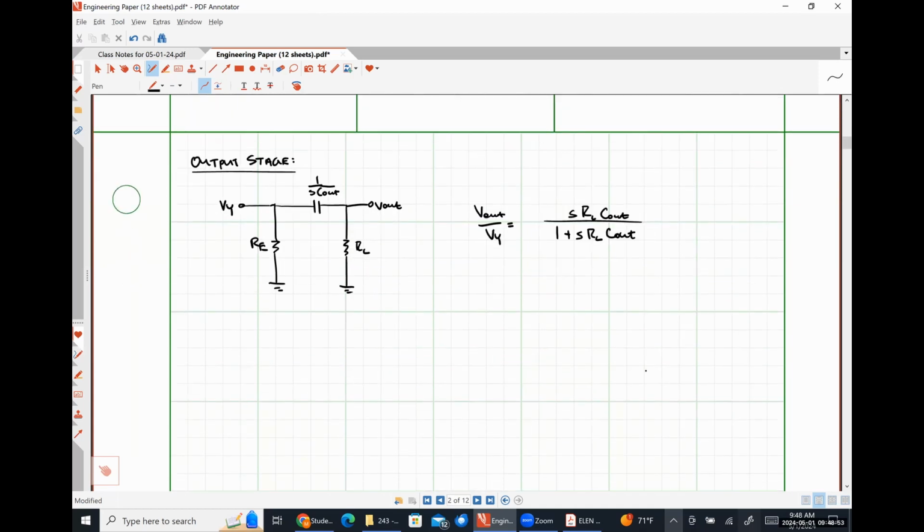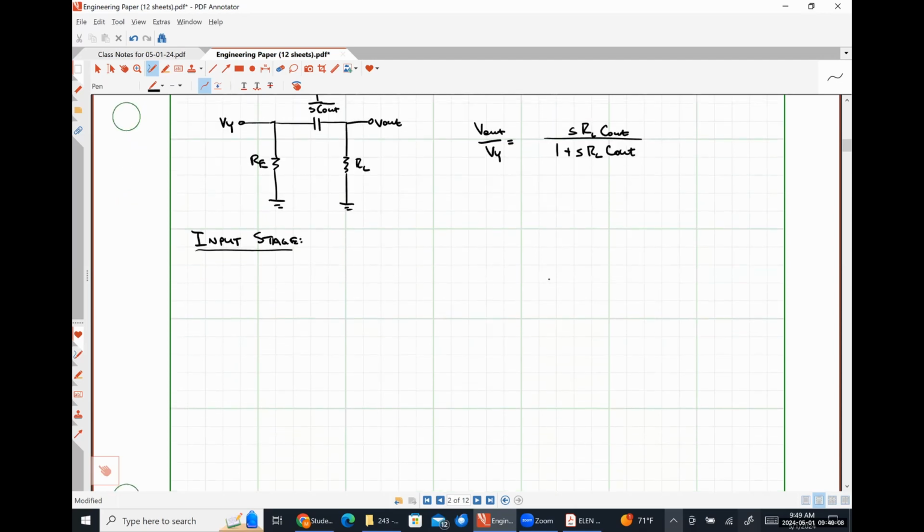Okay. Input stage, another place where the math gets really, really gross. So we will skip a lot of things. For our input stage, we have a network that looks something like this. So here's Vn, then we have the resistance R sig in series with 1 over SCN.